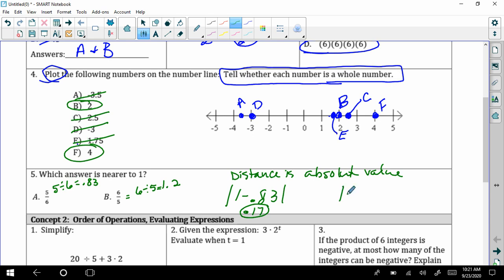And absolute value of 1 take away 1.2 ends up being 0.2. So the one that is the smallest value means it's closer, right? Because it's the shortest distance from 1, and that's going to end up being A.